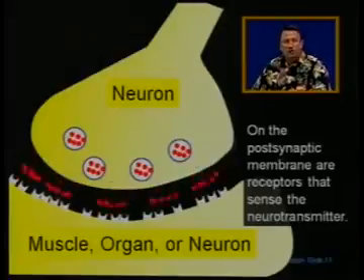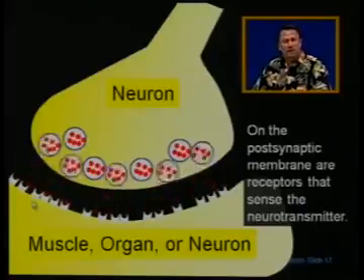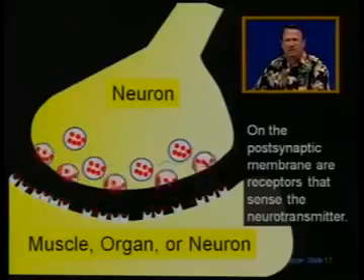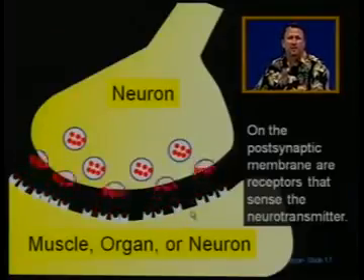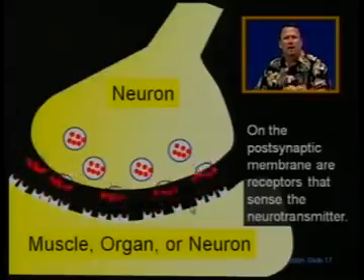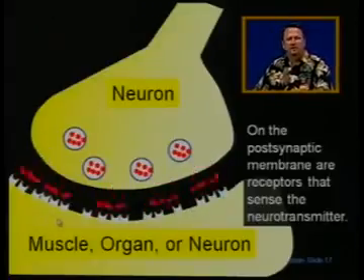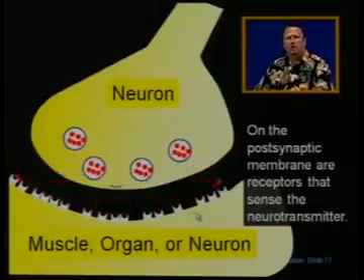So on the postsynaptic side of the membrane, down here, they look like little teeth. These are receptors, membrane-bound protein receptors, and these receptors are going to sense the neurotransmitter. So we can think of the neurotransmitter as being a key, and we can think of these little receptors as being the locks that these neurotransmitters will affect.